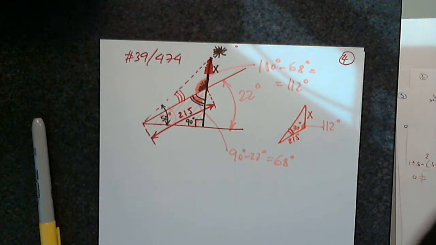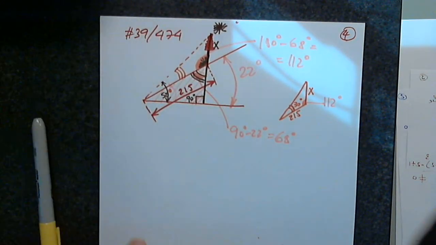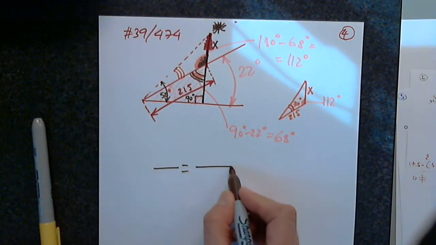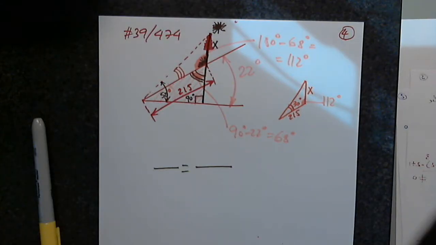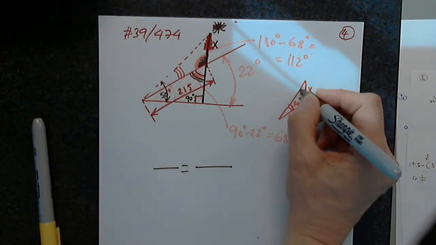So now what will I use? Law of Sines, yes. So let's write one proportion, I don't need the third one. One proportion that will help me determine x. So if I have 30 here and 112 here, let's determine the other one.